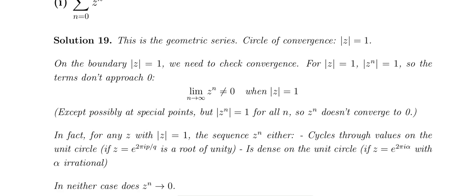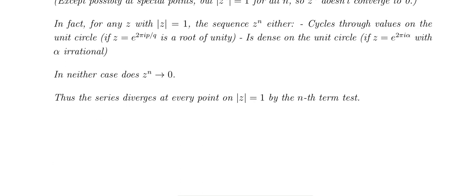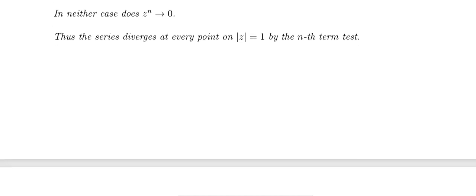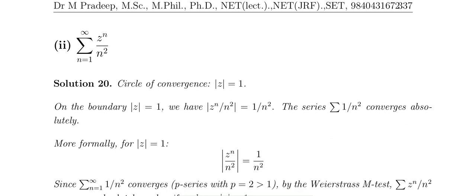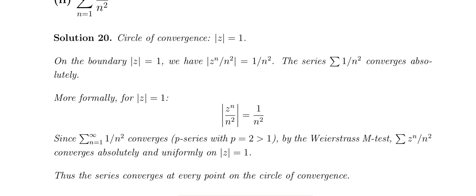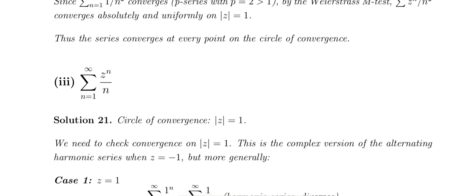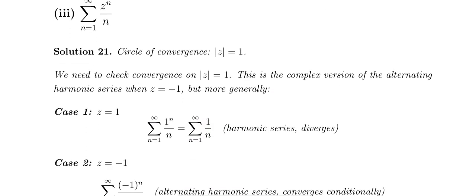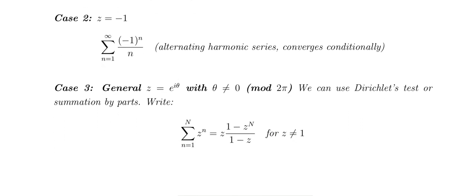This is a geometric series. Geometric series means mod z less than 1 is the radius of convergence, that is, the radius of convergence is 1. So this is mod z equal to 1. Let's leave it. Do it the way you normally do, that is the radius of convergence for the geometric series to converge.